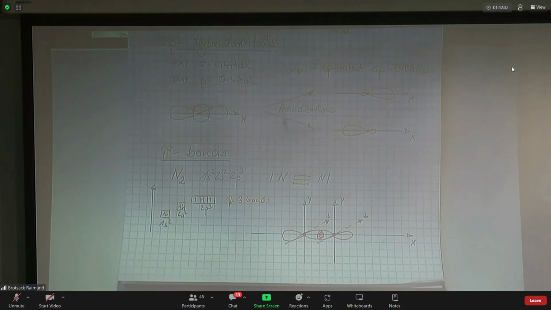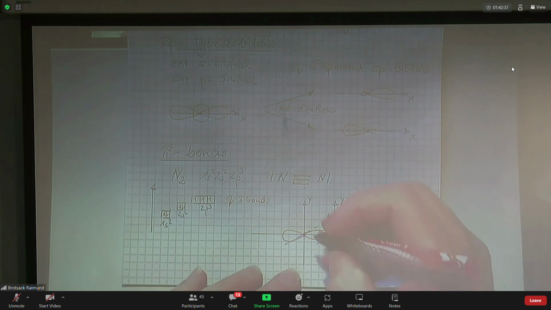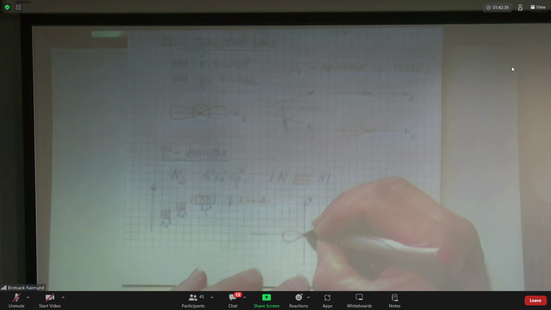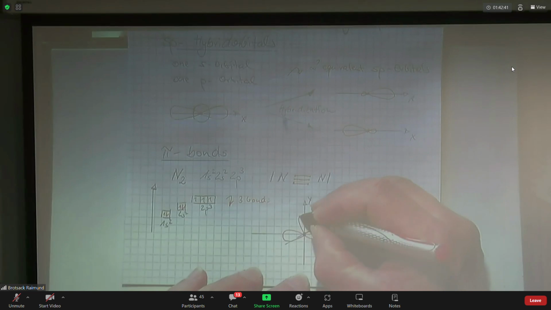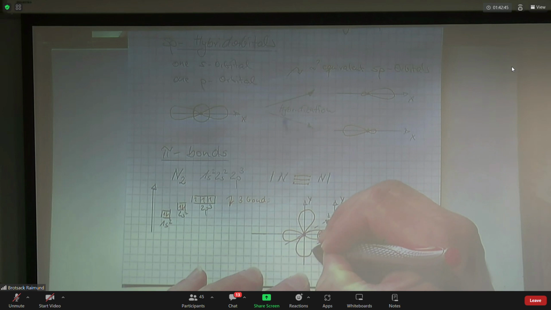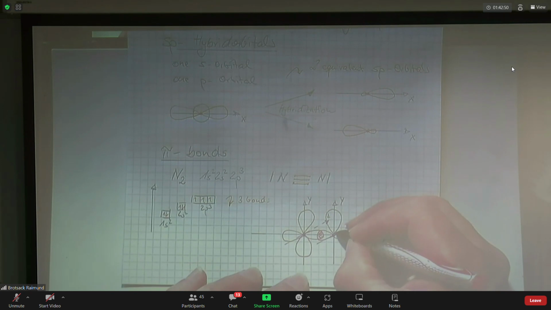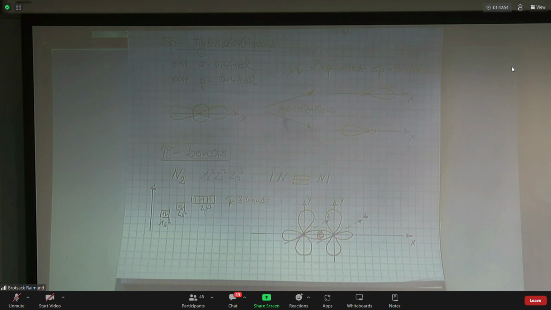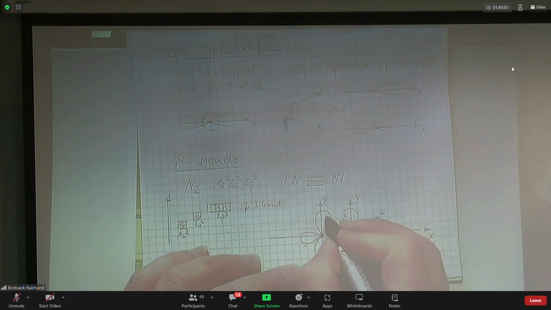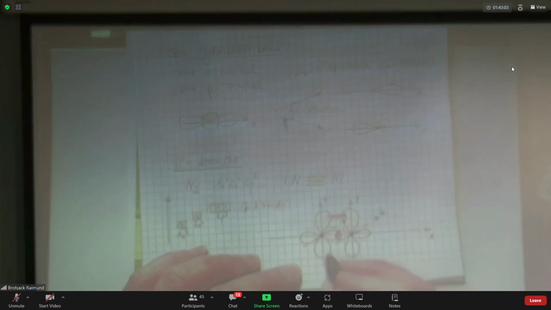Next, we talk about the py. I did not draw it as close as needed to see the overlapping area, but you might imagine we can overlap here and we can overlap here.